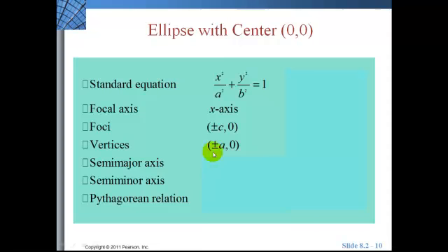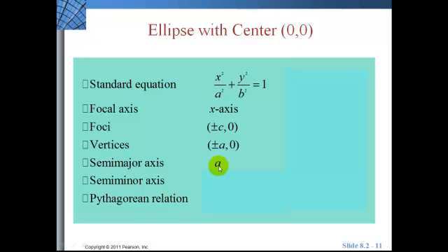The vertices will be plus and minus a. So it's the square root of what's underneath the x for the x value. And remember, our center is 0, 0, so the y value will be 0. The vertices are moving along the x-axis. The semi-major axis, that means half of the longer axis.